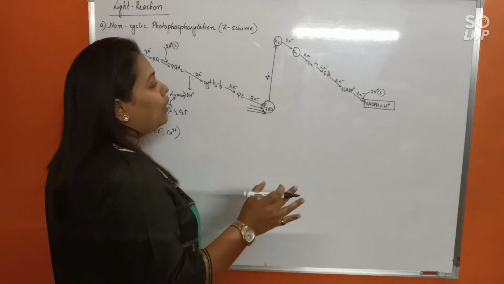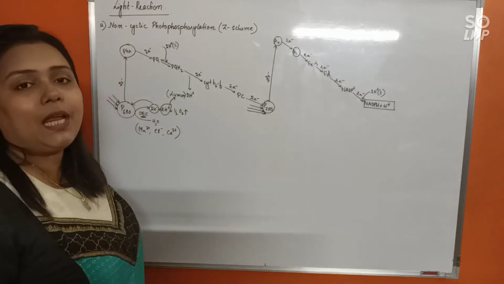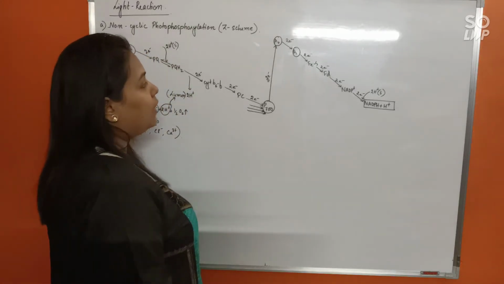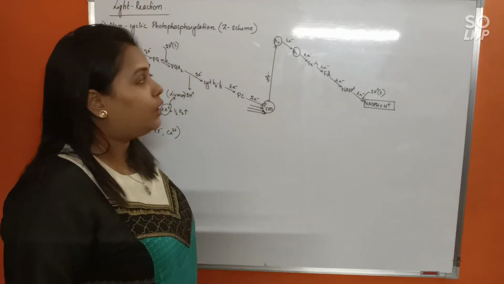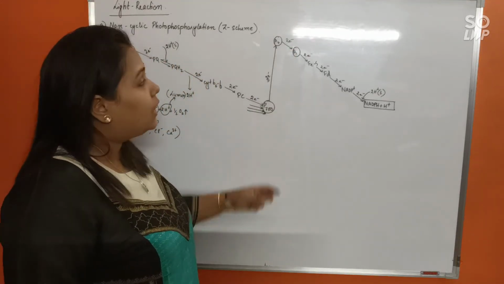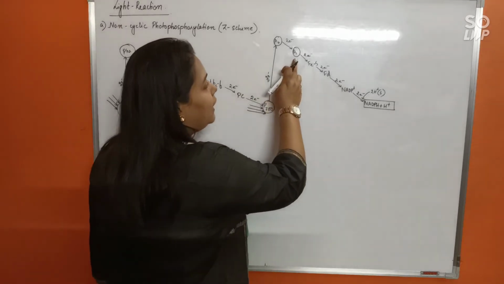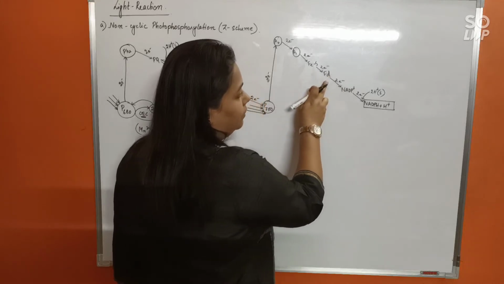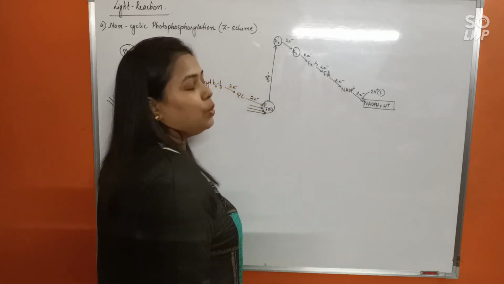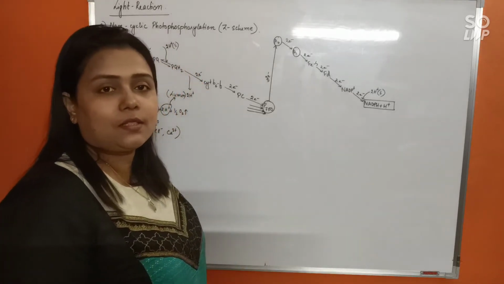Now let's see what happens to the 2 electrons liberated from PS1. These 2 electrons are first accepted by a special chlorophyll molecule A0, then move on to a quinone A1, and finally pass on to iron sulfur protein and then to ferredoxin. From ferredoxin, the 2 electrons finally are passed on to NADP+.